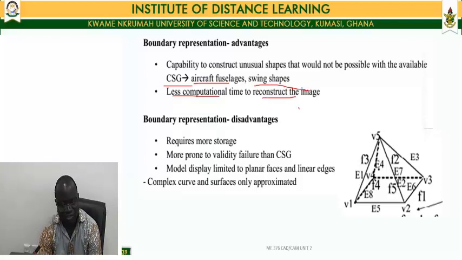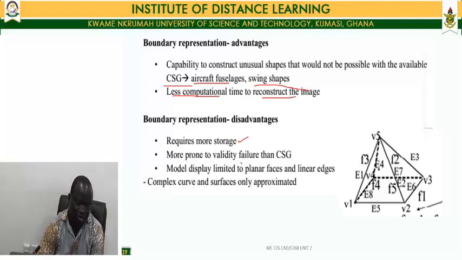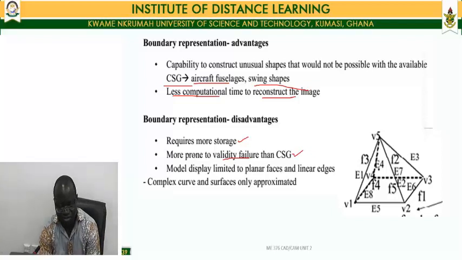The boundary representation also has some disadvantages. It needs more storage space compared with CSG in a way. It is more prone to validity failure than CSG, because CSG comes from valid solids. With BREP, because you are creating it, there is sometimes a possibility of having an open object which may not be a solid.